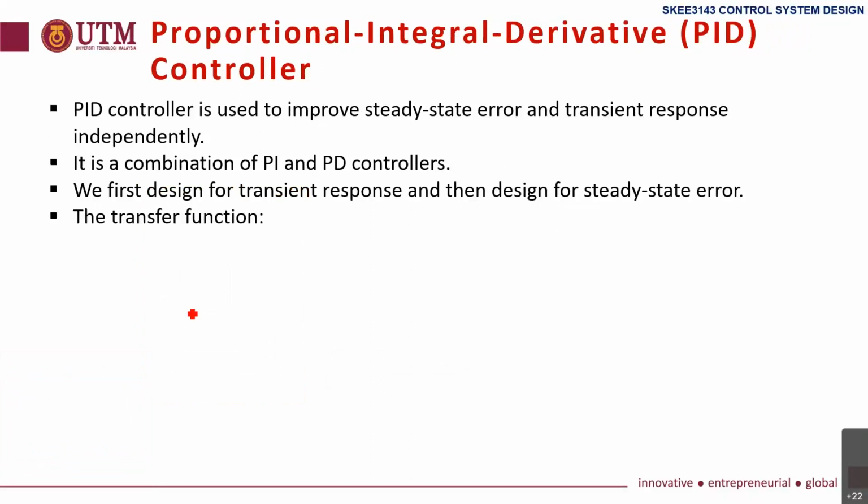Today we will move into another controller, the last controller in the course, which is PID, proportional integral derivative. As mentioned earlier, this is a combination of PI and PD controller. As we know, PI is used to improve steady state error, and PD for transient response.